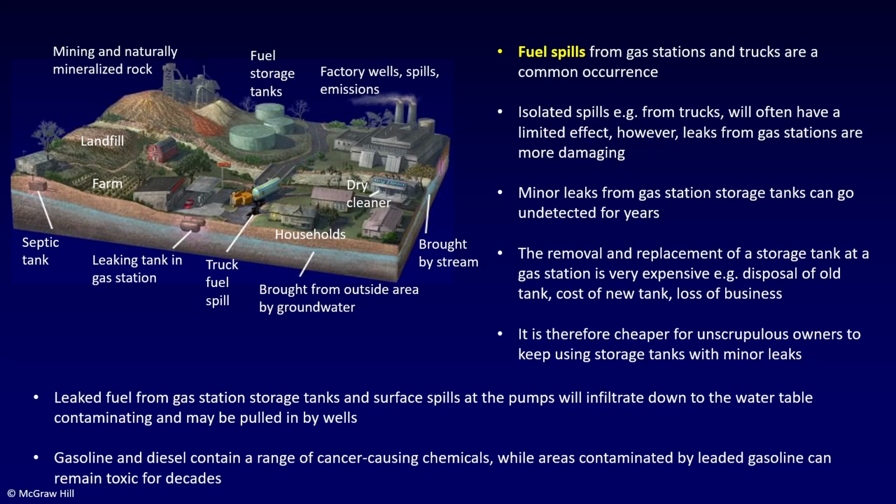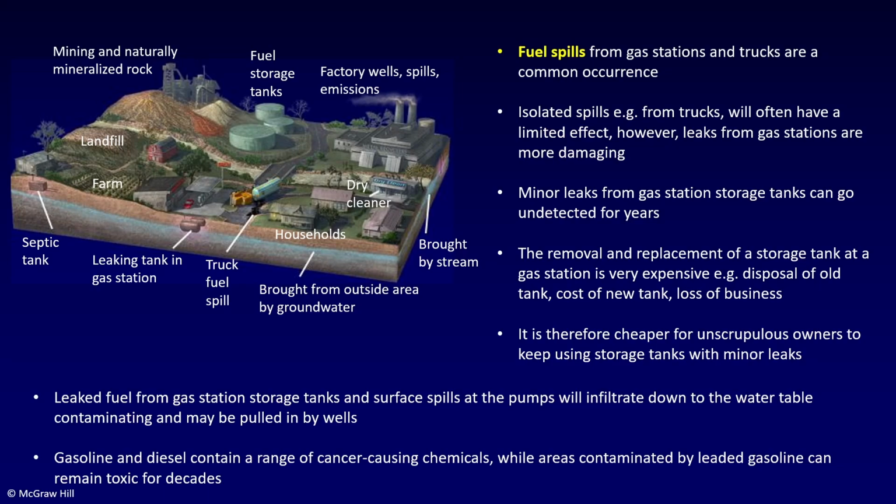And obviously, as we've previously discussed, because it's a petroleum product, it will tend to float at the top of the water table. And so, if you happen to have a shallow well that just touches the top of the water table, when you're drawing water, it will be more likely to pull in that contamination. Deeper wells will tend to be less likely to be contaminated.